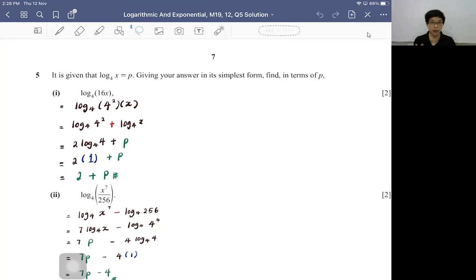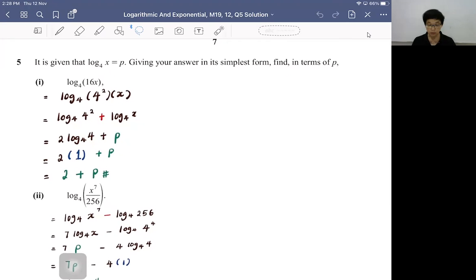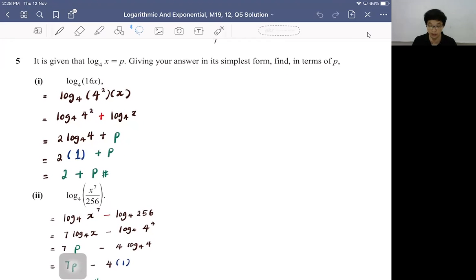Well, as we have learned in the lesson, there are various logarithmic rules and also exponential rules that could be helpful to us. Let's launch into this solution. As we study the question, we note that the inside of the log is the product 16x.